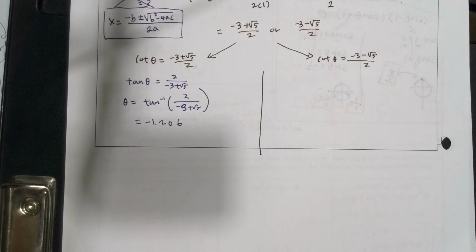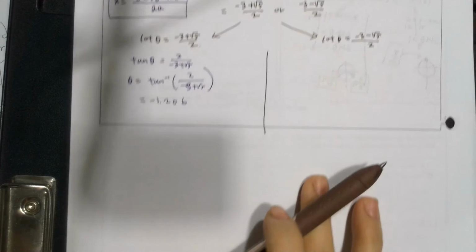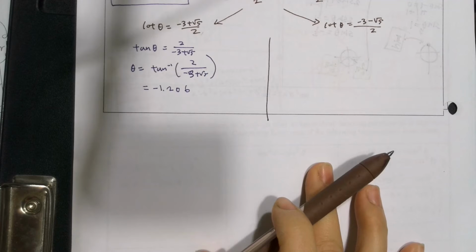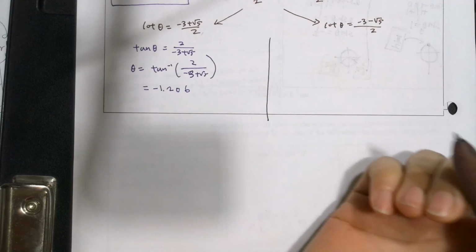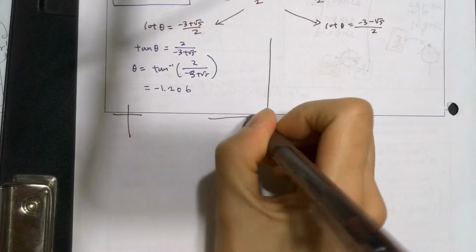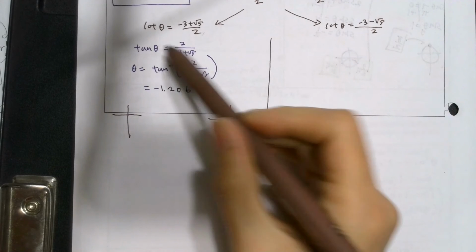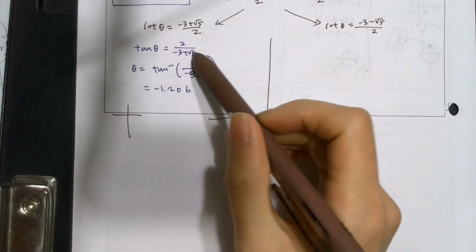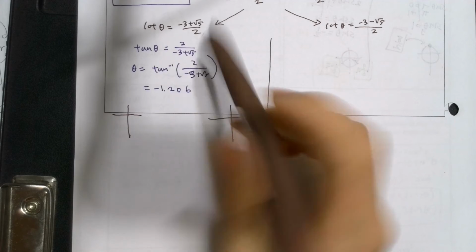That's not your answer. Why not? Because do you guys remember? Once you get to this part, we need to determine which quadrant your answer terminates in. And notice that I forgot to do that too. How do I determine that? Well, is the tangent value negative or positive?